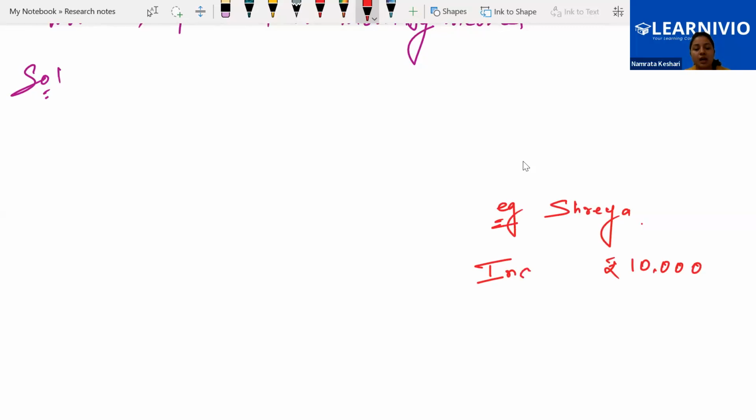This is just an example I have taken so that you can understand the whole scenario. So if she is earning 10,000 per month, she can save some amount, and she can use some amount, and that's called expenditure.